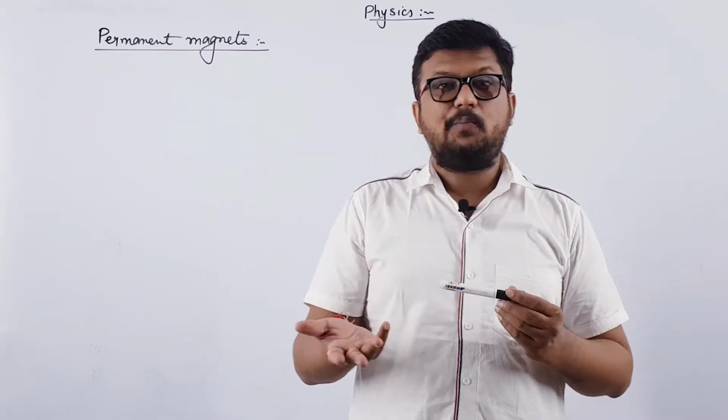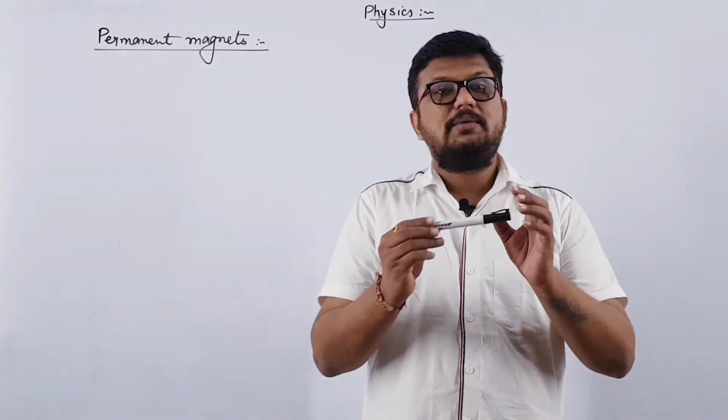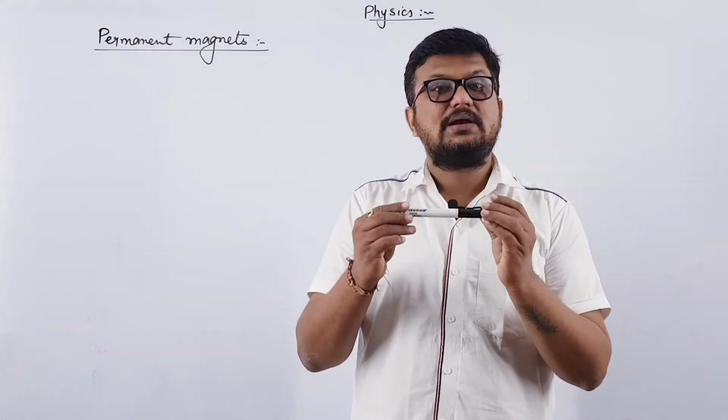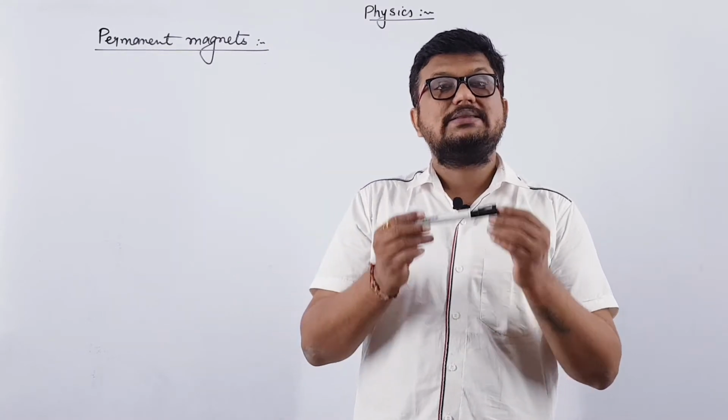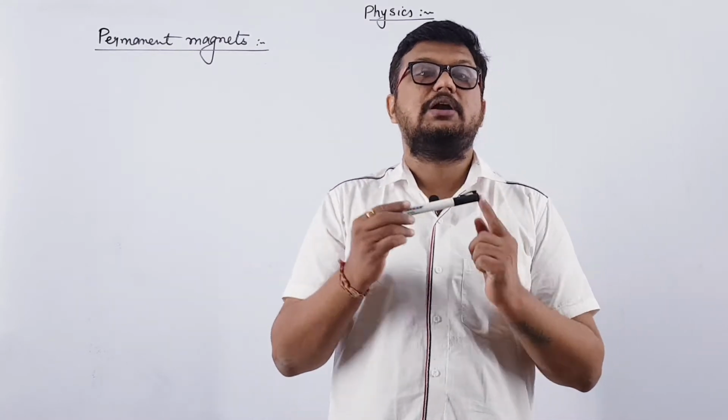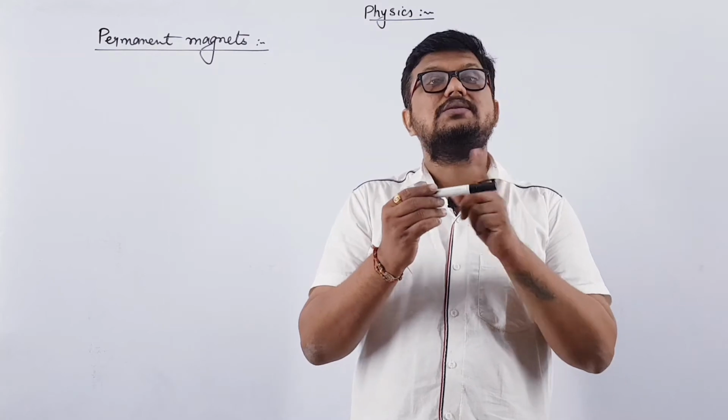And alnico, that we are going to discuss. If we have a special type of rod, then if you keep on hammering that rod, it will be converted into a permanent magnet. And you have to keep this rod in the earth's north south direction.